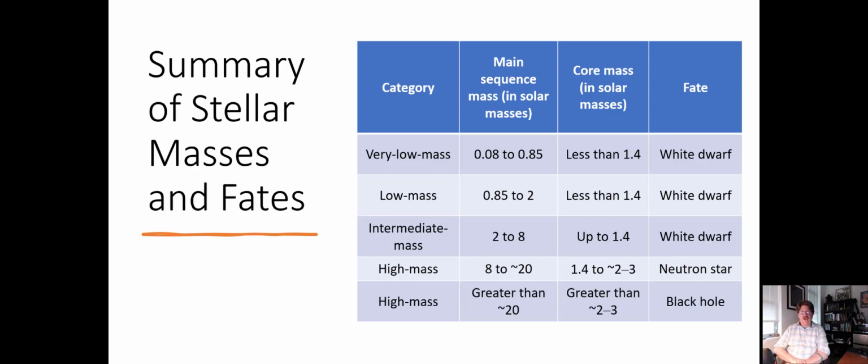The core mass goes from less than 1.4 solar masses all the way up to 1.4, and that is a white dwarf. If the core mass is between 1.4 and roughly 2 to 3, you get a neutron star. If it's greater than that, you get a black hole. And the table also describes what the initial mass of the star looks like.